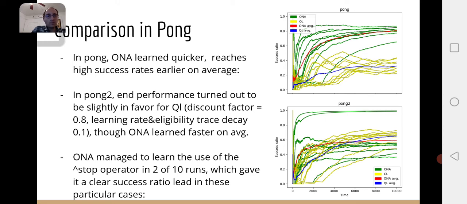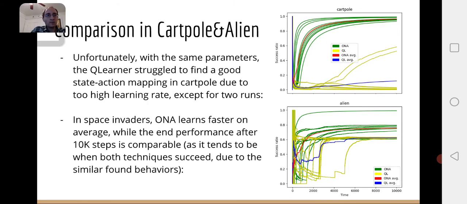In Bang 2, we have this example where we see that ONA learned quicker, but the end performance was comparable. And in the first Bang example, it's just that ONA learned like 20 times faster with this particular set of hyperparameters, which I optimized over via grid search. I also tried other examples like Cardboard, which was also part of this set of examples.